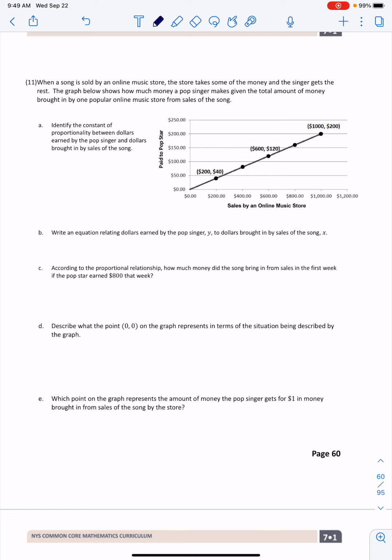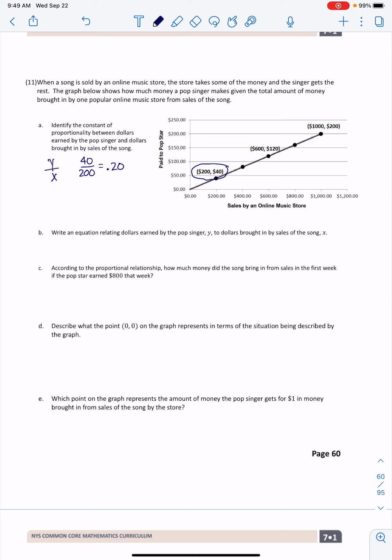Identify the constant of proportionality between the dollars earned by the pop singer and the dollars brought in by the sale of the song. So if I look at this point right here, I have y over x, which means 40 over 200, which equals 0.20, or 20 cents per song.